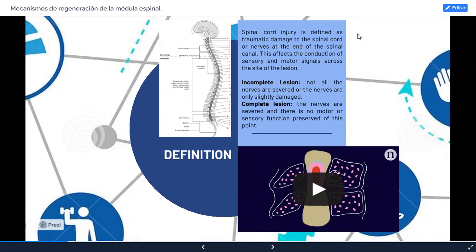About the anatomy, the spinal cord is the major conduit through which motor and sensory information travel between brain and body. The spinal cord contains spinal tract, white matter, surround central areas, gray matter, where most spinal neural cell bodies are located.